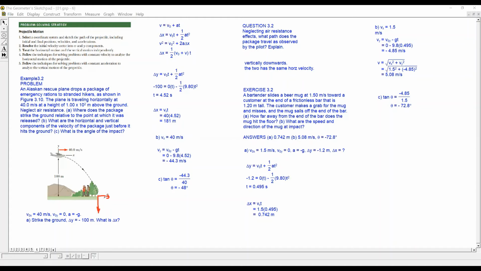Now, when we combine the two components, the actual velocity will be something like this. And the angle of impact is actually this angle here, the angle between the horizontal and the velocity.